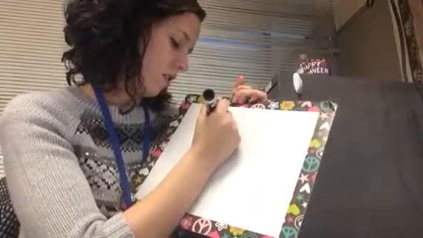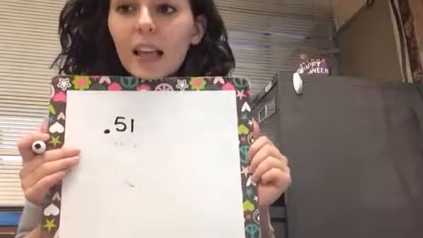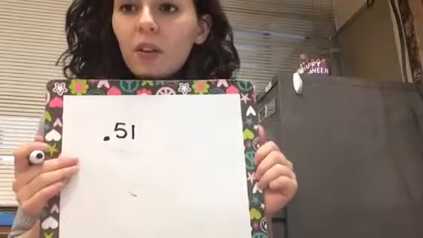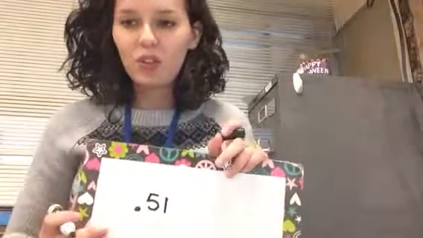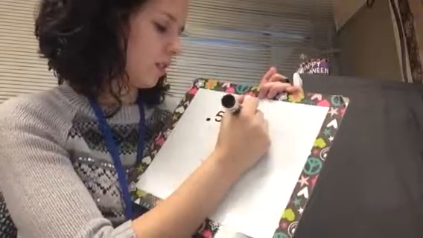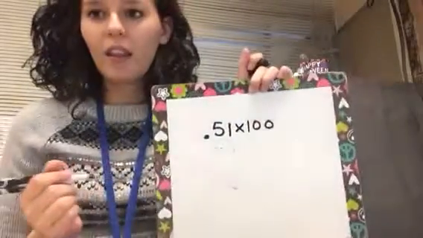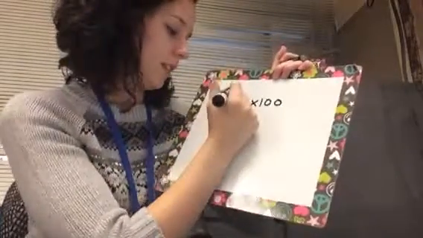say I have 0.51. In order to change a decimal to a percent, I need to multiply it by 100. So if I multiply 51 hundredths times 100, that's going to cause my decimal point to move to the right twice.